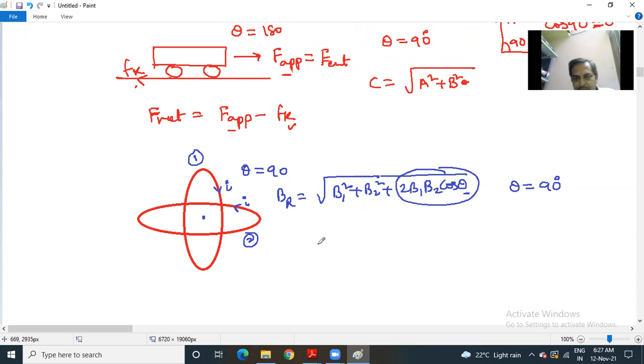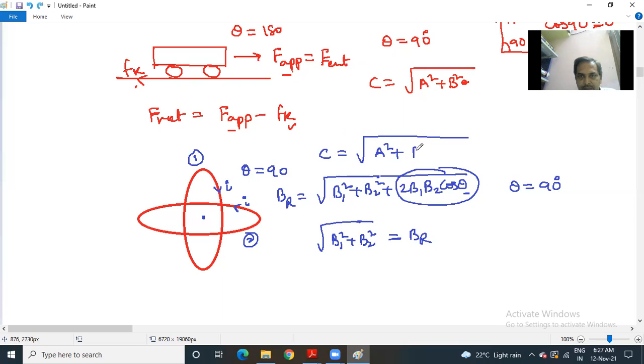So you will get just B1 square plus B2 square, the magnitude of the resultant vector, is equal to BR. So this is also an application of parallelogram because instead of BR you had C there. Instead of B1 you had A square, instead of B2 you had B square, and 2AB. So it is 2B1B2.